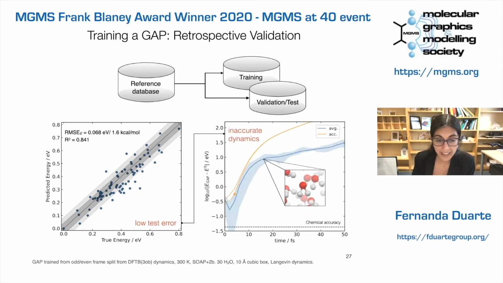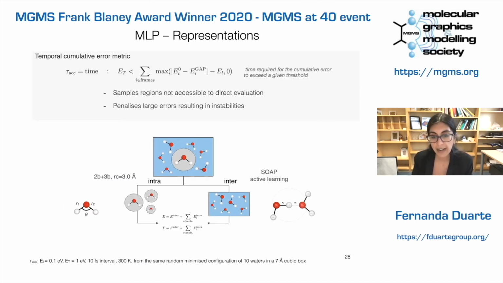But what we saw later is actually that the validation that we were doing, splitting training and tests, was not giving us good potentials. The potentials were just exploding very quickly after a few femtoseconds. So we really have to plan better how to identify what a good potential would be. And in general, what is a good machine learning model? It's not just having training and tests, but really having prospective validation as well.